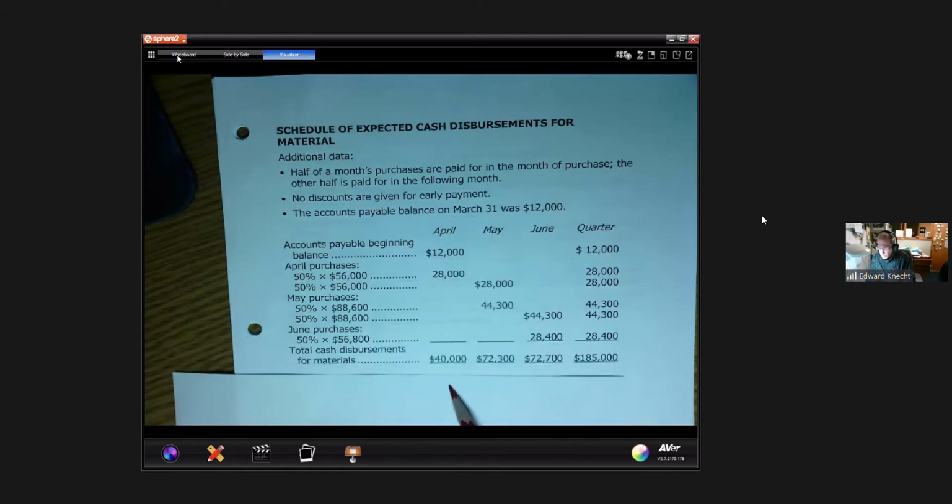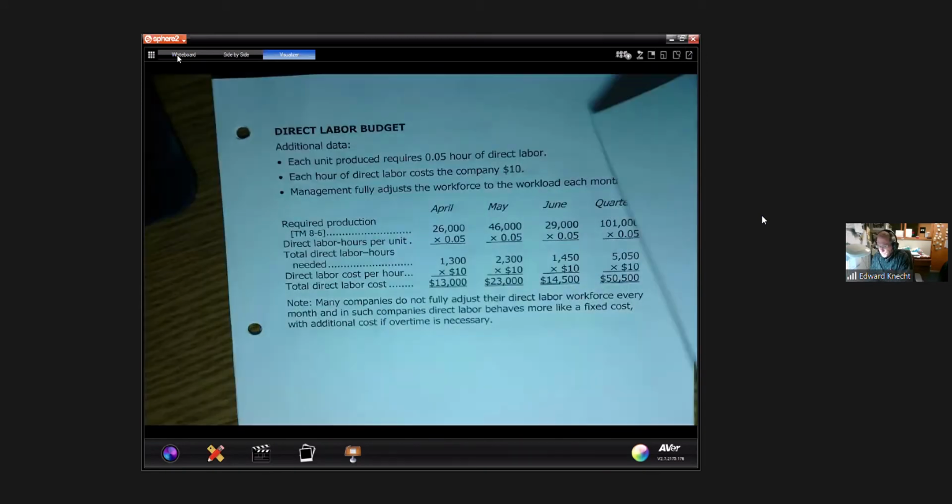Total cash disbursements: we're going to spend $40,000 in April just for this material, 72,300 in May. And June's the same. For the whole quarter, we need $185,000 worth. So that's going to be showing up on the cash budget.